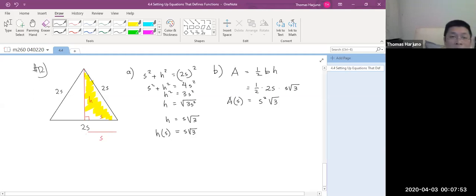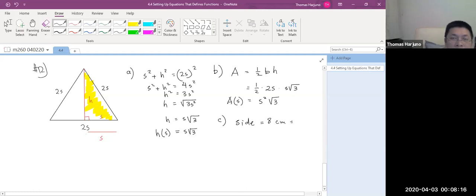Now part C. Use the function you found in part A to determine the height of an equilateral triangle if each side is 8 centimeters long.